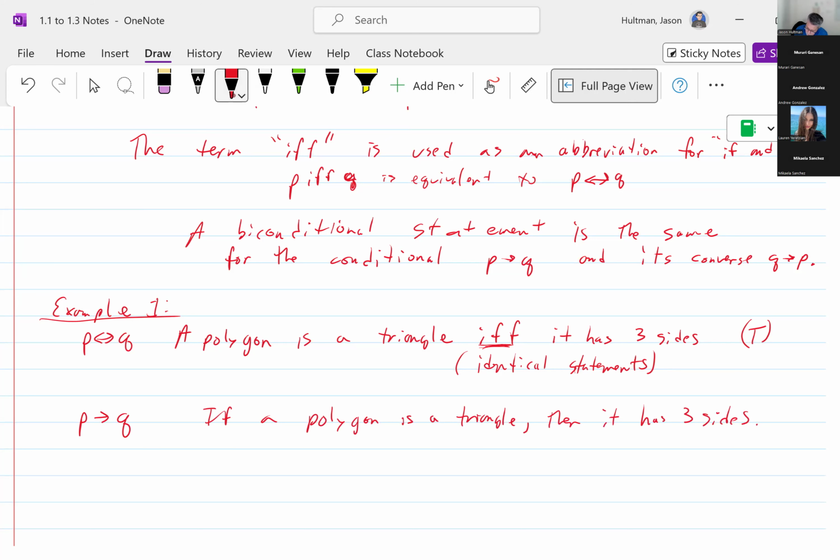That's the easy way. Let's go backwards. If a polygon has three sides, then it is a triangle. Okay, it's true forwards and backwards.